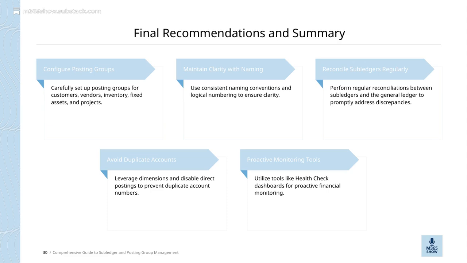Finally, take the time to carefully set up your posting groups for different areas like customers, vendors, inventory, fixed assets, and projects. Proper configuration here ensures smooth and accurate posting processes. Altogether, these best practices form a comprehensive guide to subledger and posting group management. They're designed to help you maintain clean, accurate, and transparent financial records, which are the foundation of sound financial management.